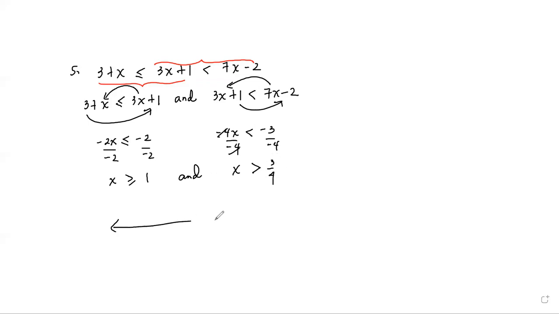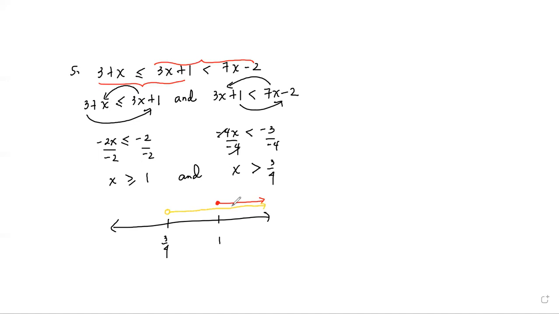So graphically, we plot 3/4 first, and then 1 is positioned to the right of 3/4. For x is greater than or equal to 1, it starts at 1, going to the right. And then for x is greater than 3/4, it starts at 3/4, but 3/4 is not included, and it extends going to the right side.